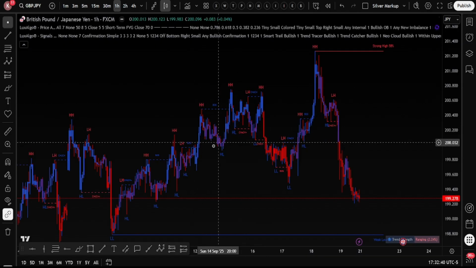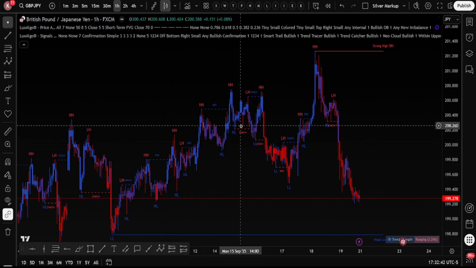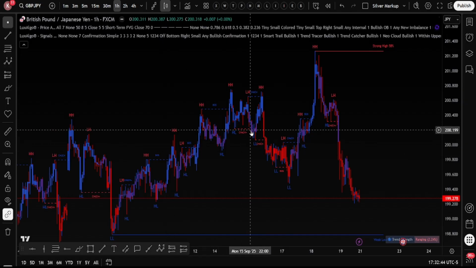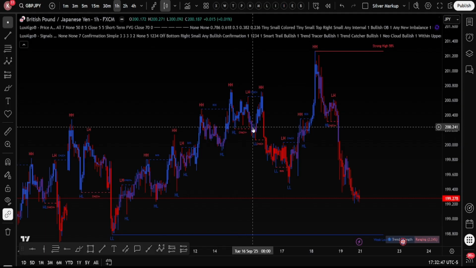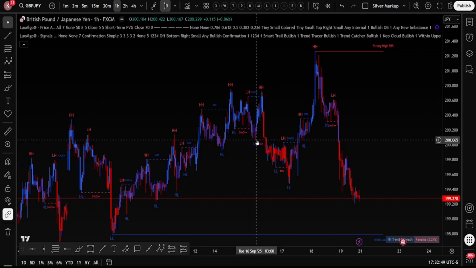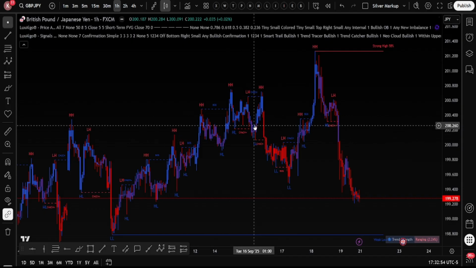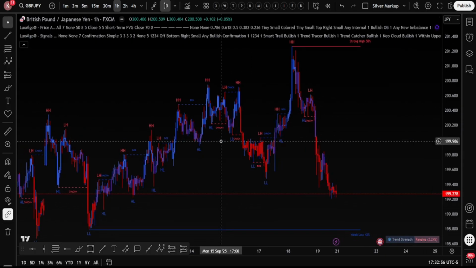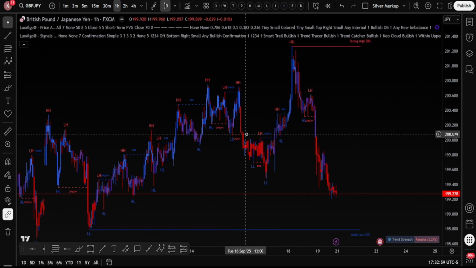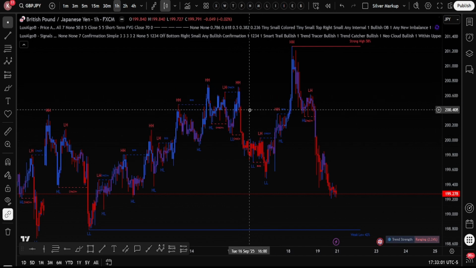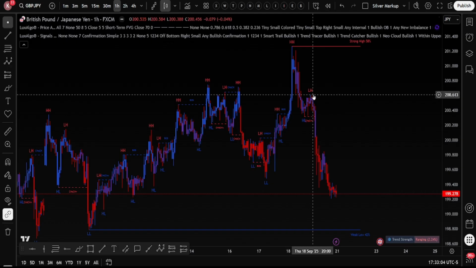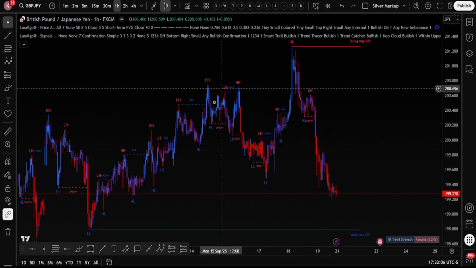Yes, the breaks of structure and the changes of character do matter. They give you more context in the market when you have a change of character going into a pivot point. But the main thing is the higher high being followed by higher lows, and that higher low being your buying point, and those lower lows followed by lower highs, and that lower high being your selling point.